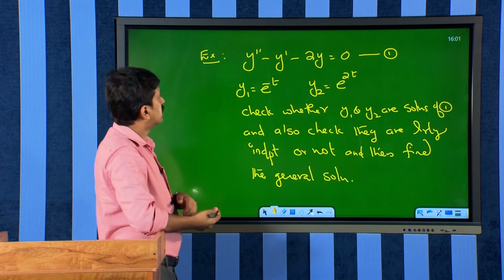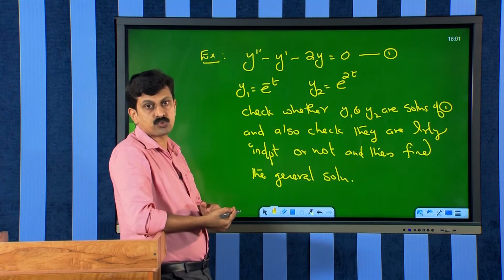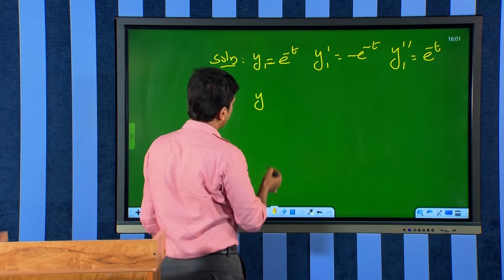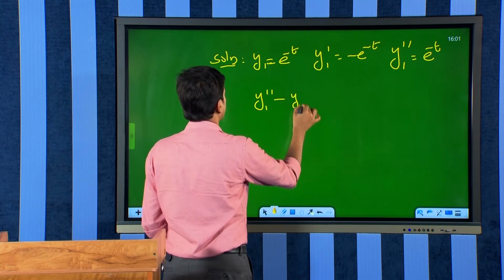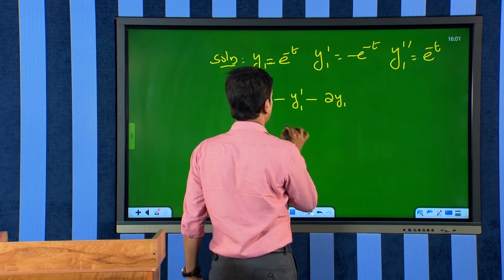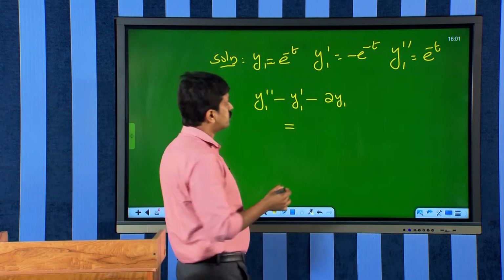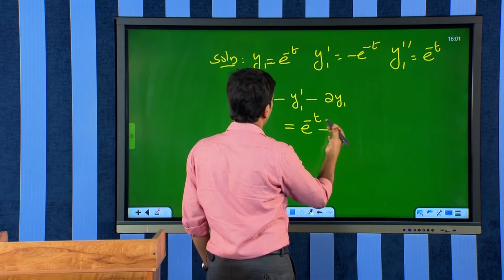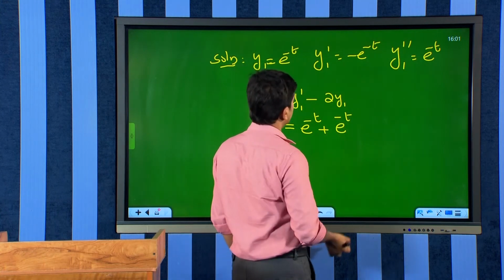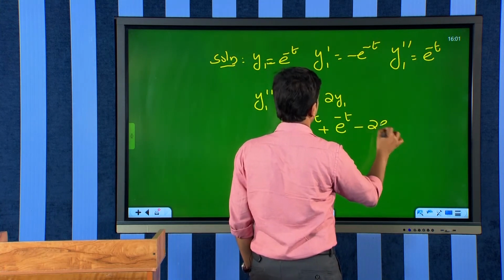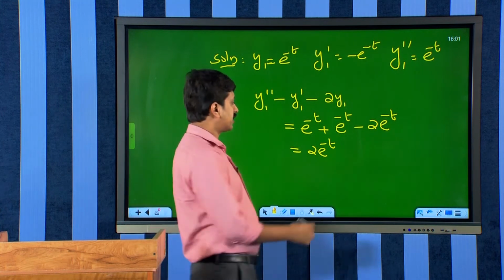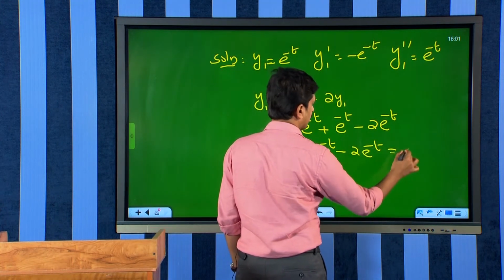So, we check y1 double dash minus y1 dash minus 2y1, which is e raised to minus t plus e raised to minus t minus 2 e raised to minus t, that is equal to 2 e raised to minus t minus 2 e raised to minus t, equal to 0.